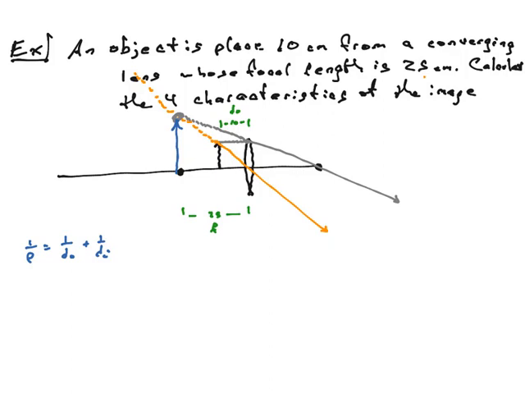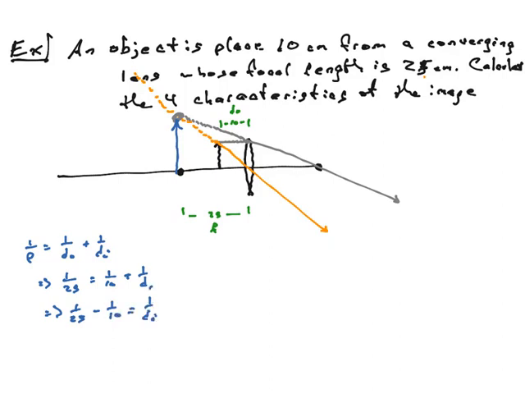I want to calculate the image distance here. So I have 1 over 25 equals 1 over 10 plus 1 over di. Bring the 1 over 10 over. 1 over 25 minus 1 over 10 equals 1 over di.